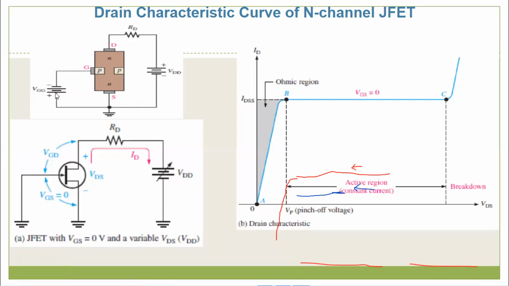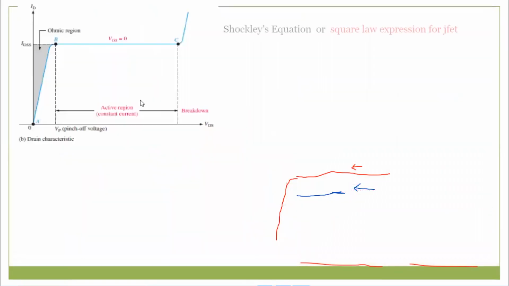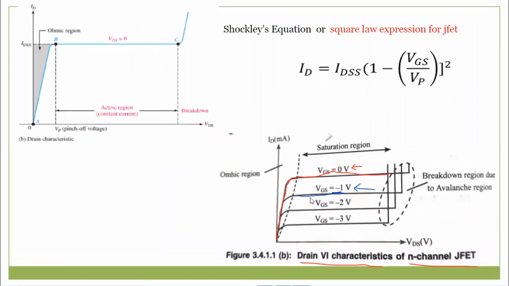Negative voltage means here I am applying a negative voltage to the gate terminal. If I apply negative voltage to the gate terminal, what happens? The opposition will take place. That means the depletion region will increase. Once the depletion region increases, the current flow will reduce. So that is the reason when VGS is equal to -1, the ID current value is reduced.